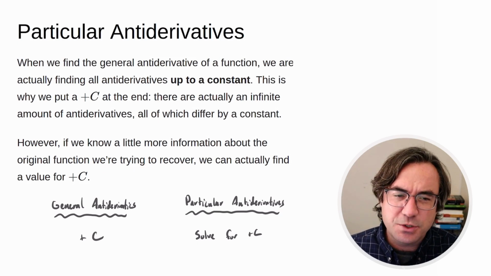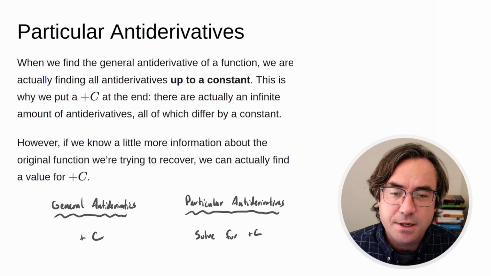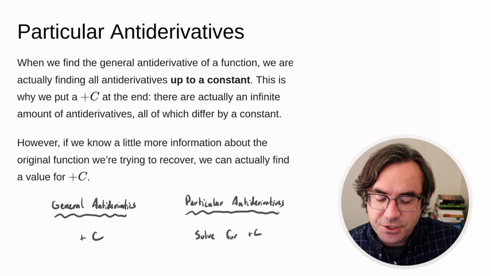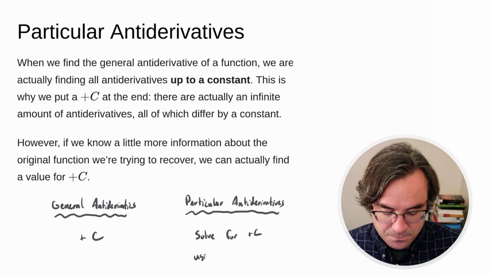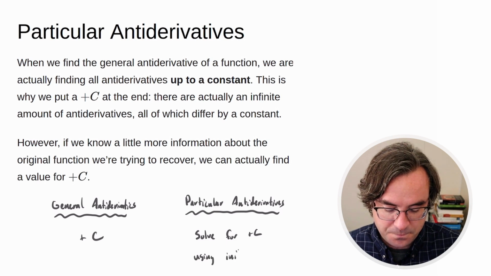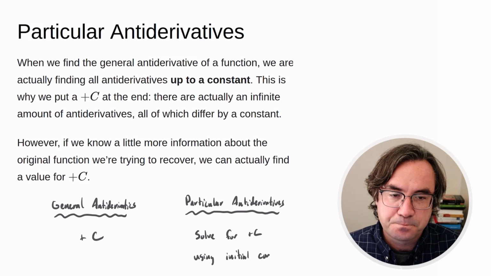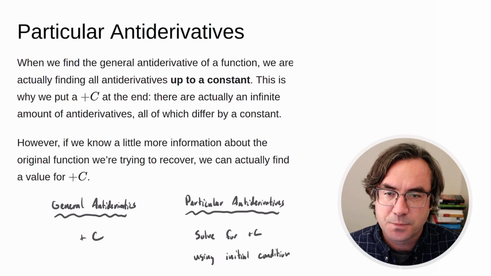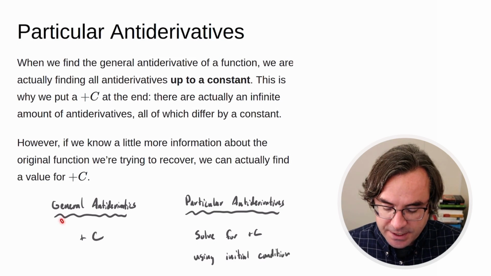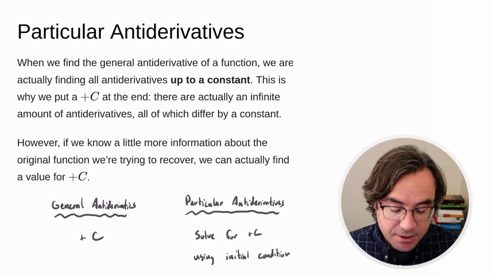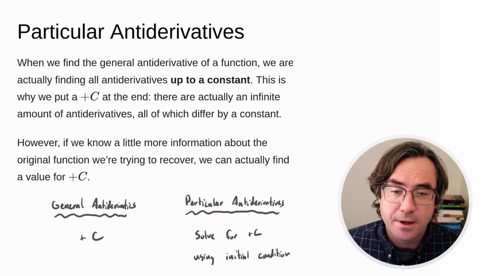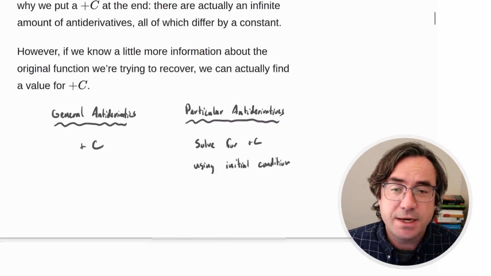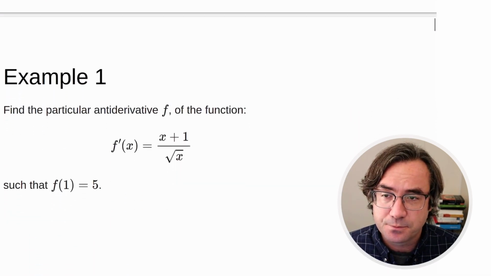We just need to know a little bit, and we'll see what this is. We're going to call that little bit of information an initial condition. Okay. So for general antiderivatives, we put plus c at the end. For particular antiderivatives, we actually solve for the c value. So we're going to try an example to see how this works.